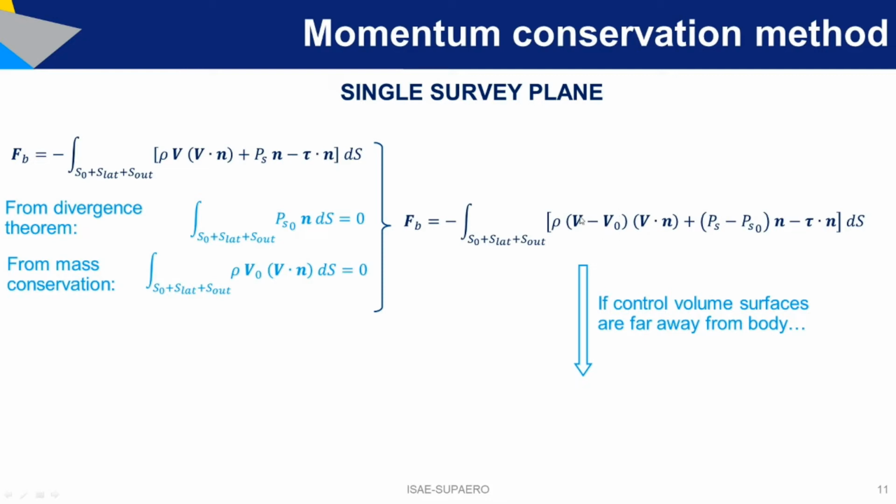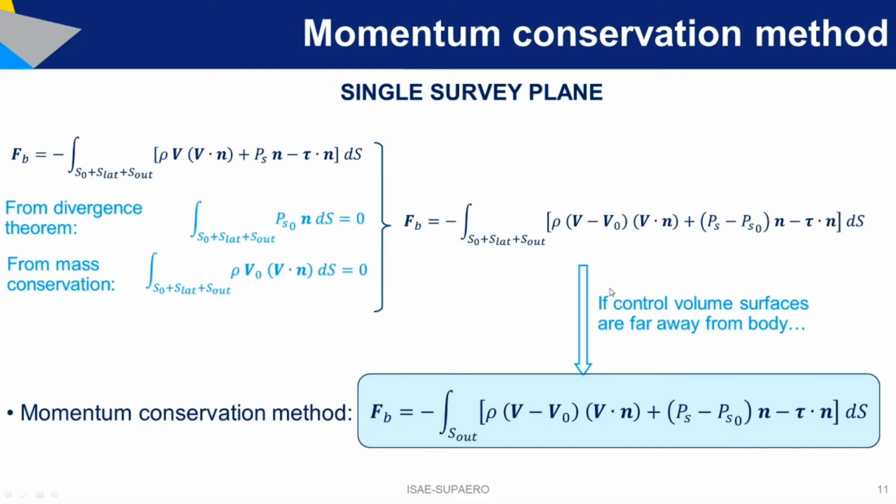The velocity perturbation will be 0 at those surfaces, and also the pressure perturbations. So basically this term will be 0 and this term will be 0 in those surfaces. So the integral no longer requires to be computed on these surfaces. I can just compute that on the outlet surface.